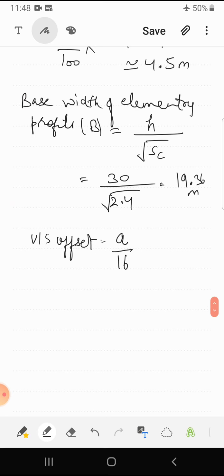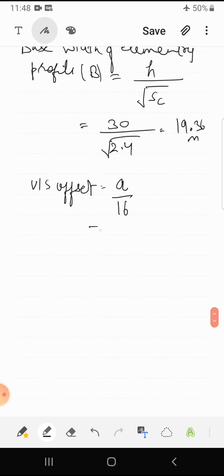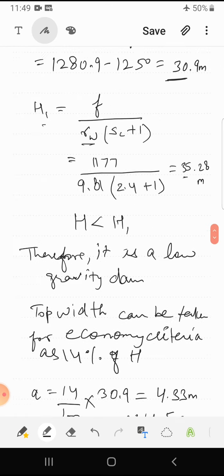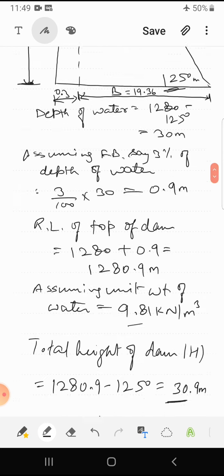So first we have to calculate A. A we have already calculated, that is 4.5 meters. 4.5 divided by 16 is approximately equal to 0.3 meter. So B is 19.36 meters and this is 0.3 meter.